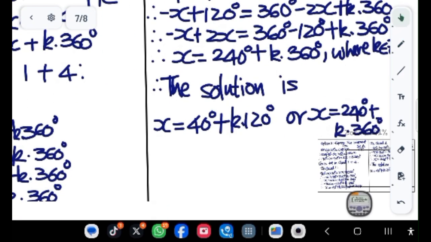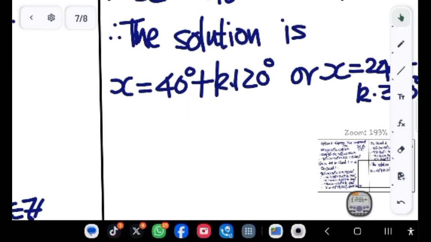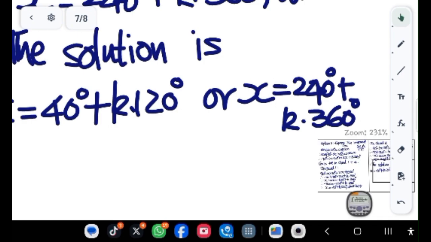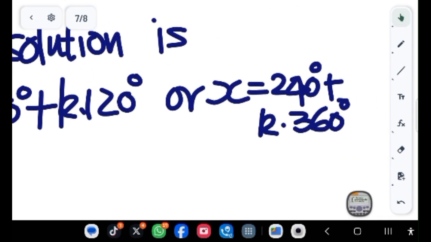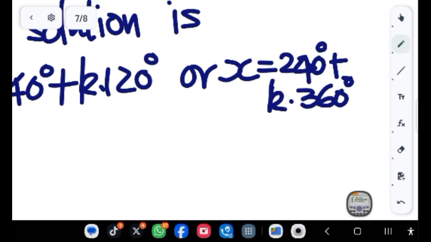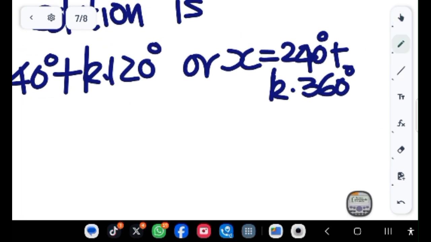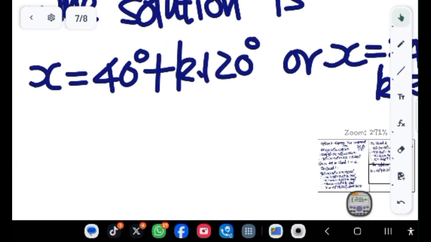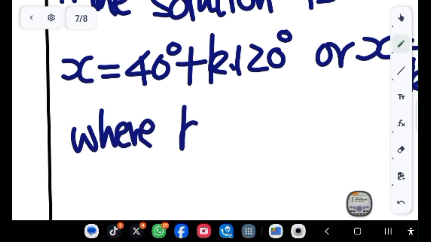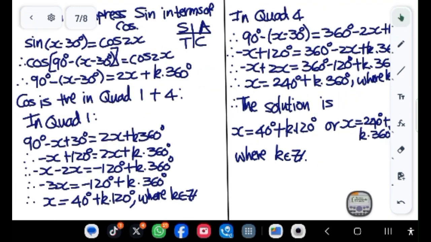Now I want you to notice something, that 40 degrees can turn into 240 degrees if you find multiples of that, but that's what we have taken care of. So therefore, where k is an element of integers, and that's how you find the solution.